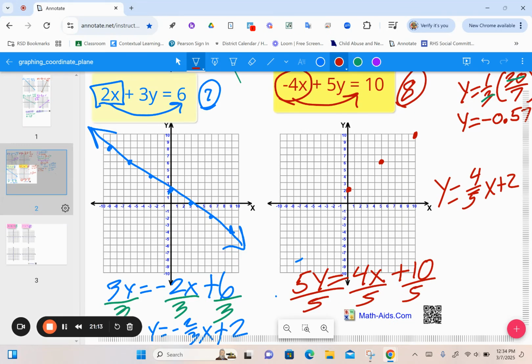If you subtract 4, you go down to negative 2, and you go left 5. Subtract 4 from negative 2, you go down to negative 6, and go left 5 to get to 10. So then you're at this point. If I made this a system of equations, my answer would be the intercept 2. They both had a y-intercept at 2.